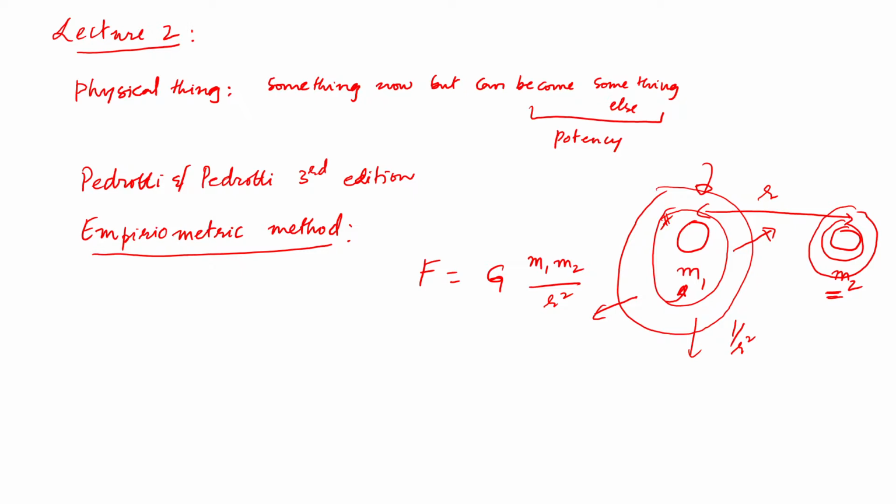Instead of just massive bodies, if you have a charged massive body, say if I have a charged massive body q1, right? If this has a charge and I have another charge q2, then you have an electric force, right? kq1 q2 by r square, just like the universal law of gravity.